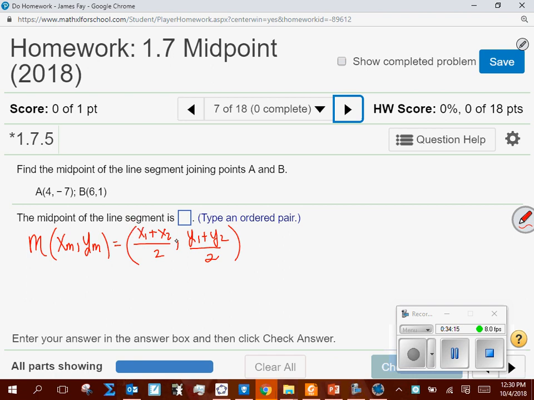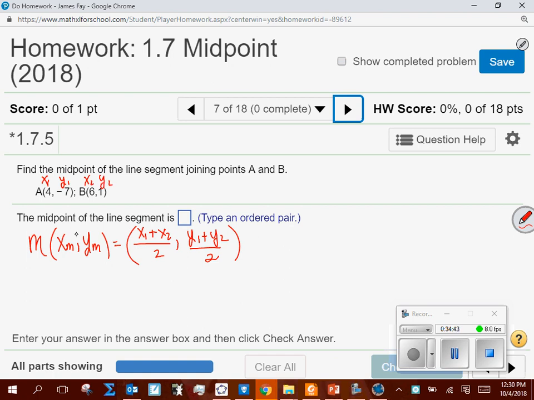So if these are the x1 and x2, those are all endpoint coordinates. That's why I put the M with these, because a lot of textbooks won't put anything with those, and people get confused about what that x and y refer to. I put the M with them so we know it's the midpoint. So this is my x1, this is y1, this is x2, and that's y2.